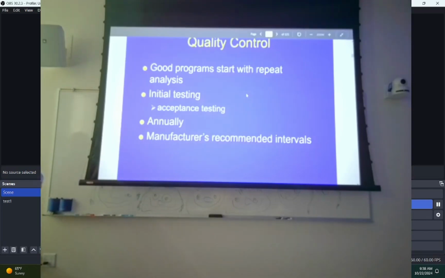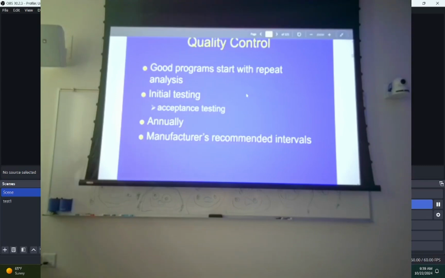But in a lot of cases too, you find yourself in a situation where you're a hospital administrator, department administrator, your repeat analysis initially at least needs to come without any kind of punitive action.